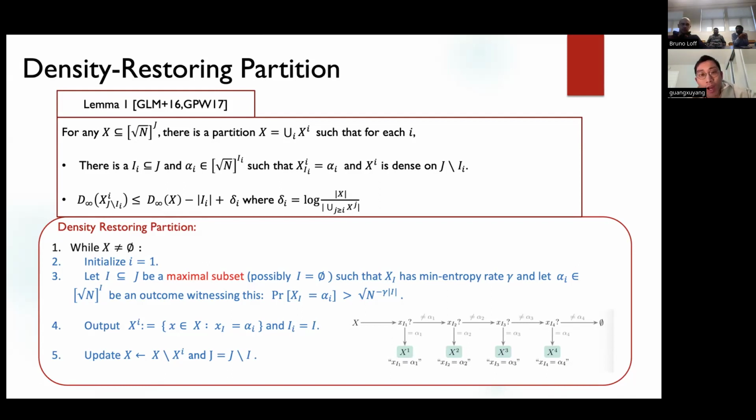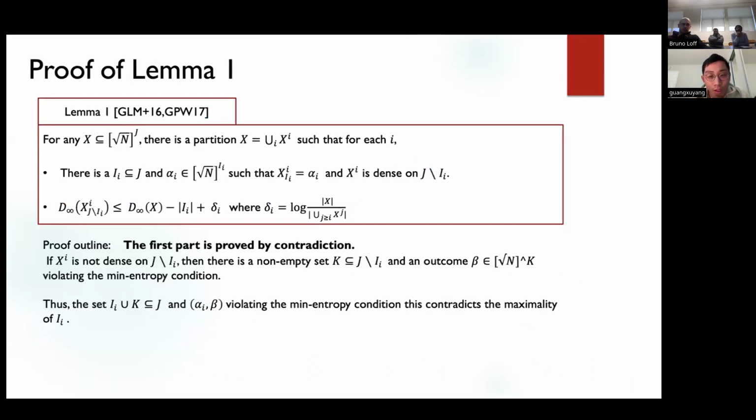We will show why this process can achieve this, and it depends on the min entropy of X. So we prove the first part. The first part is easy, just by contradiction.